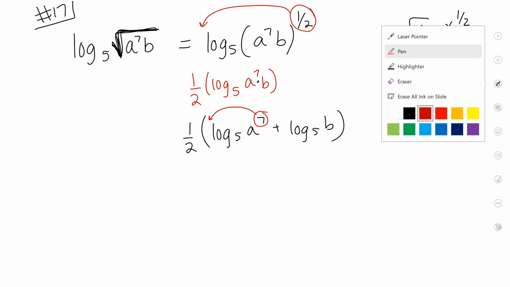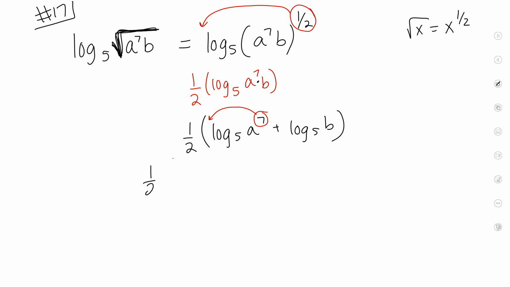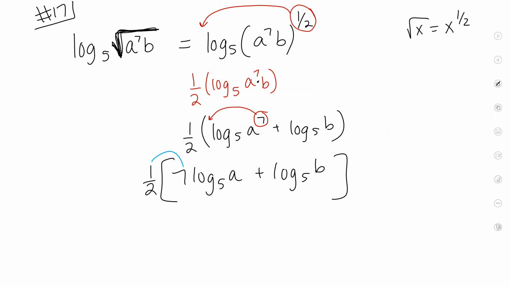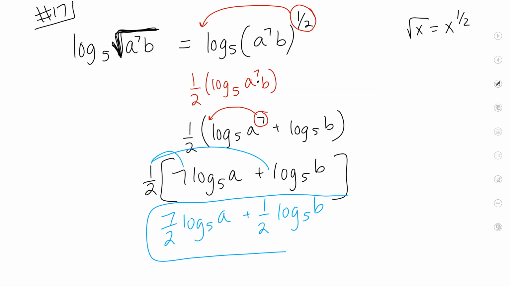So you can write this as 1/2 still on the outside, but I have 7 log base 5 of a plus log base 5 of b. And then finally, we can distribute this 1/2 in. So this will be 7/2 log base 5 of a plus, bring this 1/2 here, 1/2 log base 5 of b. So this would be your final answer expanded.